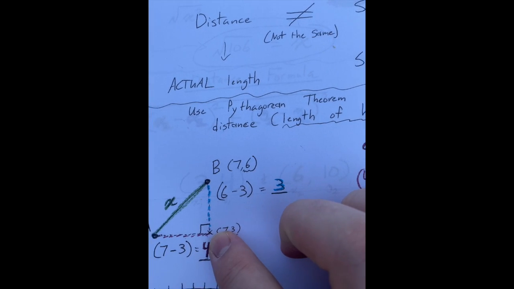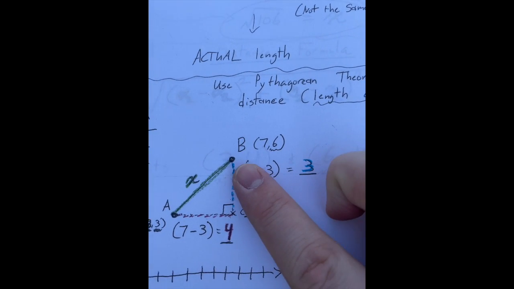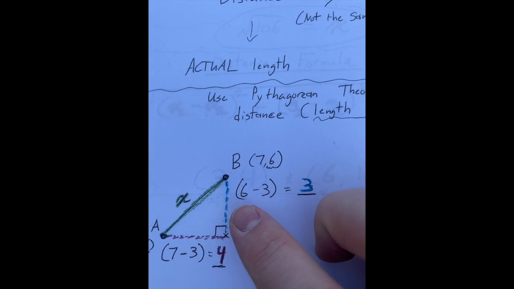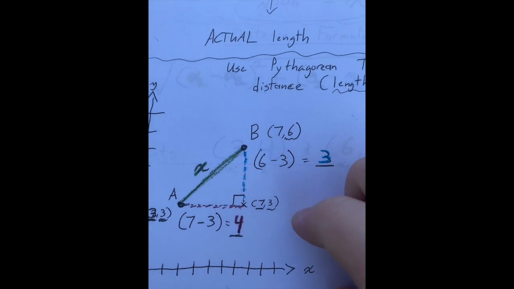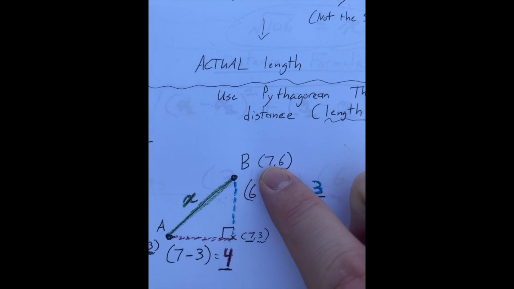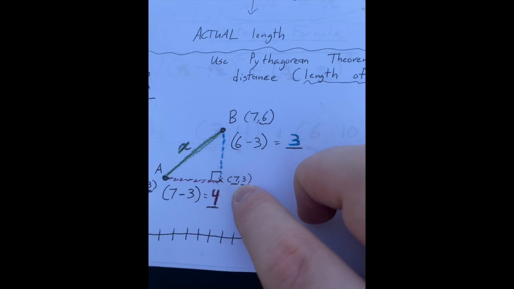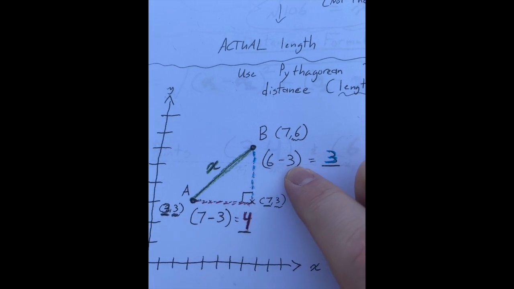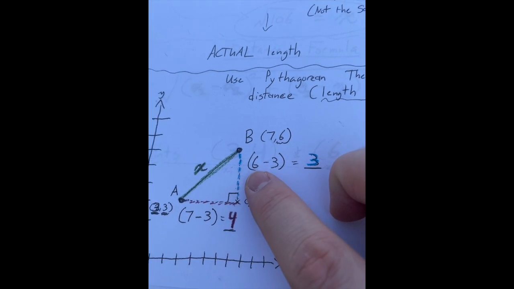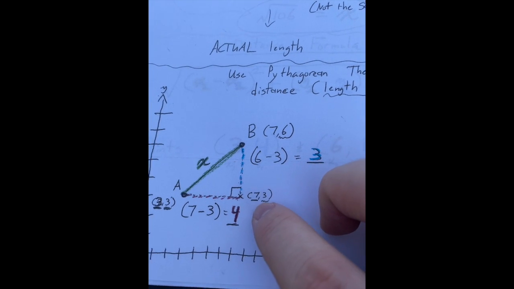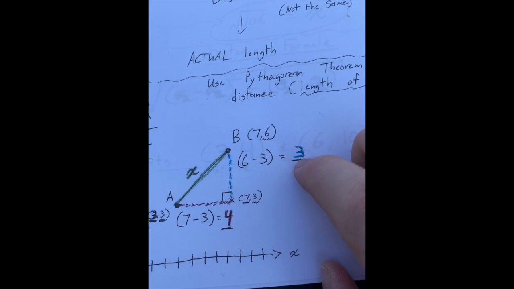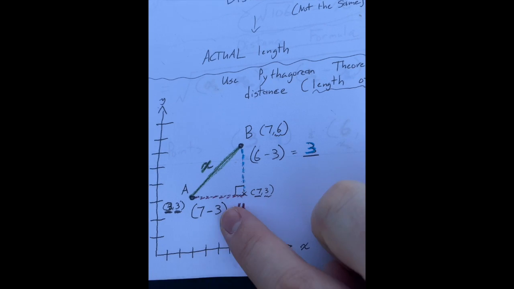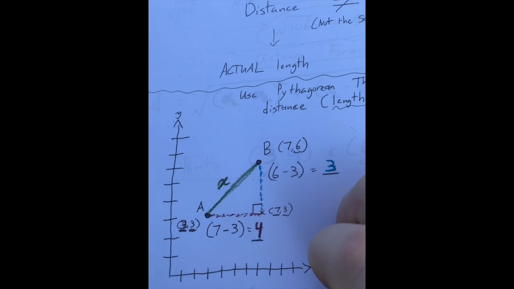Here, when we go from where we left off straight up to our destination, we go from point 7 to point 6. Wait, hold on. Oh no, I'm sorry, I'm looking at the wrong space. 7 to 10. What I did here is I showed the math from our destination position subtracted from our start, and then we get 3. That is the length of this additional side, 3. So the bottom is 4, top is 3.